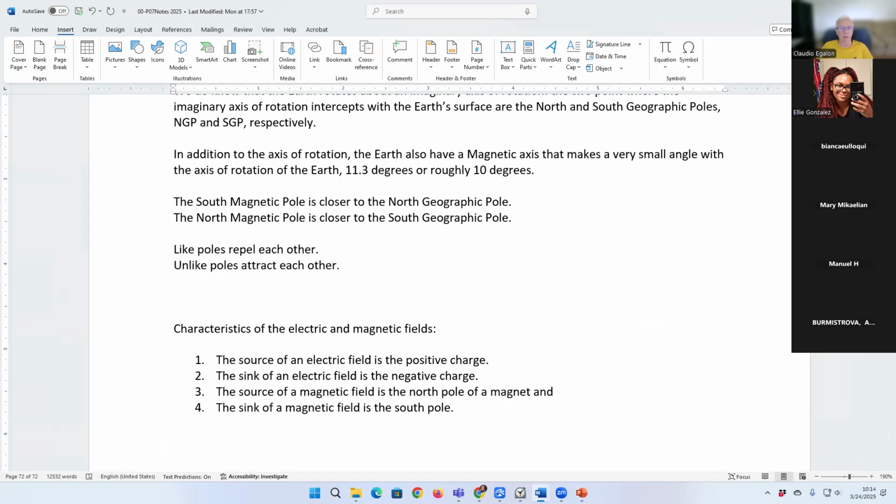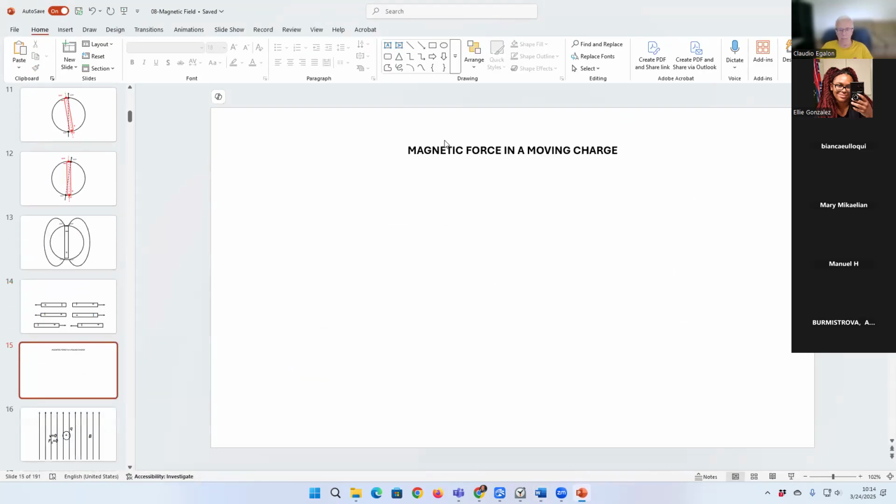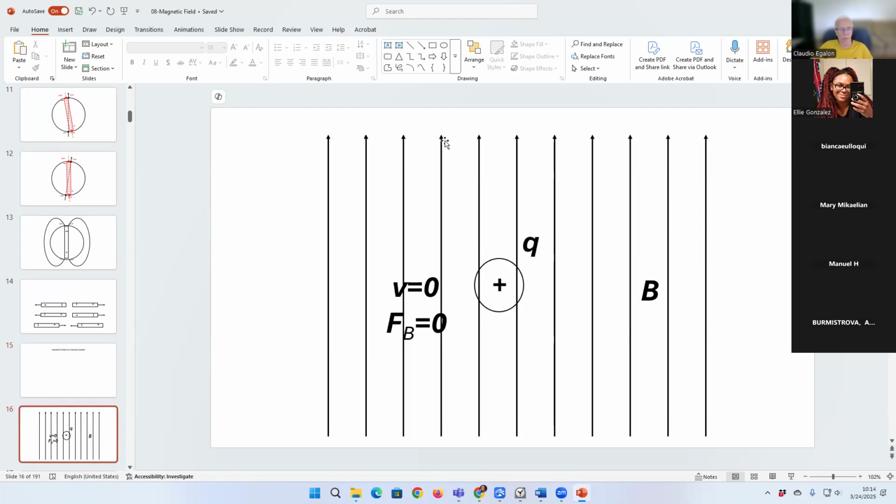Just like positive charges attract negative charges and vice versa, right? And then we can start talking about the magnetic force on a moving charge. That's going to be the new thing here that you have to know.